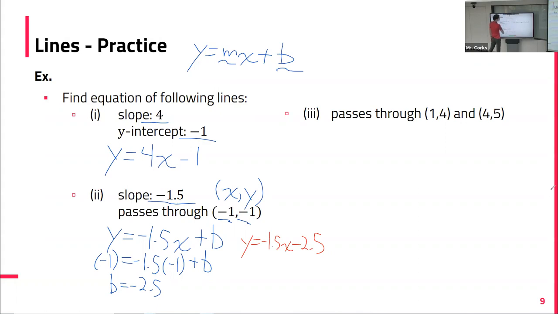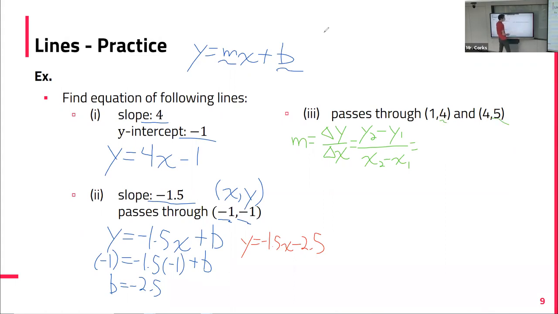And the third one here. Okay. All right. Formula for slope, m equals delta y over delta x. 5 minus 4, the y's first.